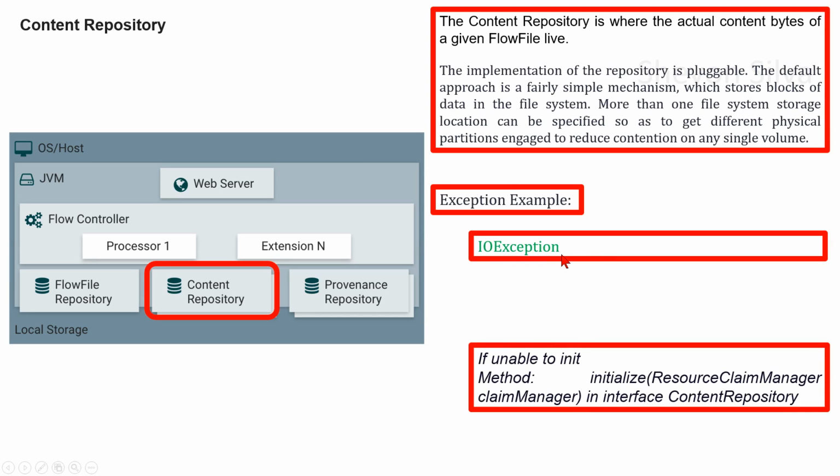As an example, we can consider IOException as an example for an exception. This occurs if unable to initialize, in the initialize method in the content repository interface.